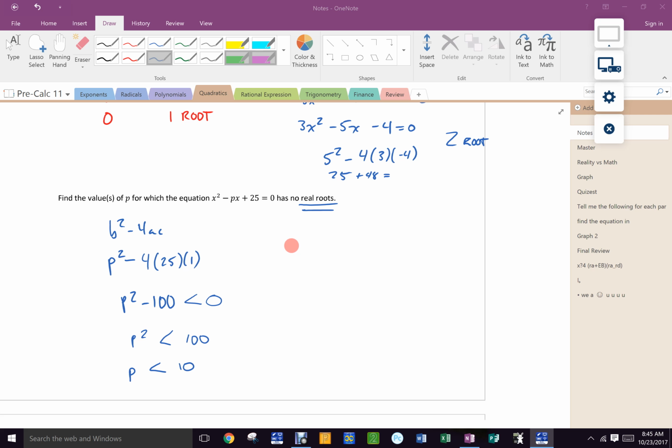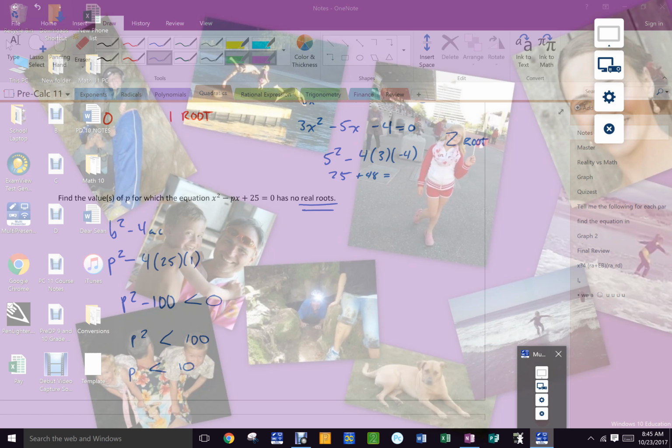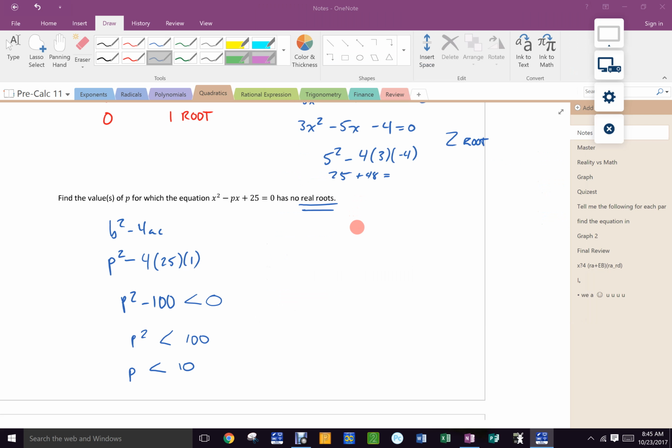Because when we square root a number, how many roots do we get? 2, correct? So P had to be less than plus or minus 10, yes?